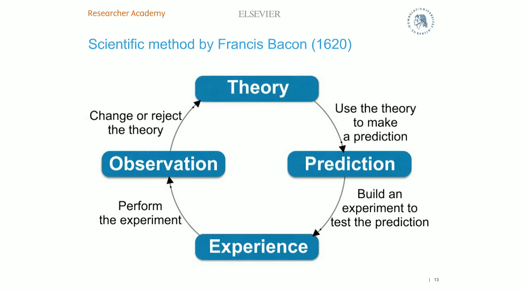In these experiments, you observe, or in other words, you measure what is going to happen, and then you either change or reject the theory. So you're going back to the building phase, and you're going to build new scientific theories and start the loop again. So this is quite similar to the lean startup approach.